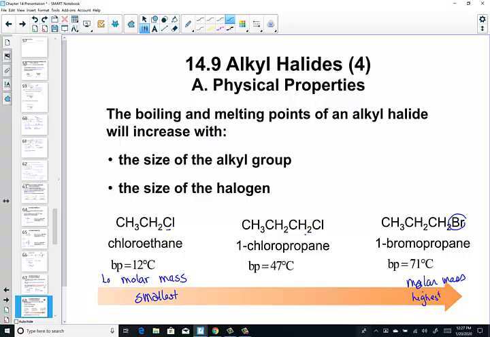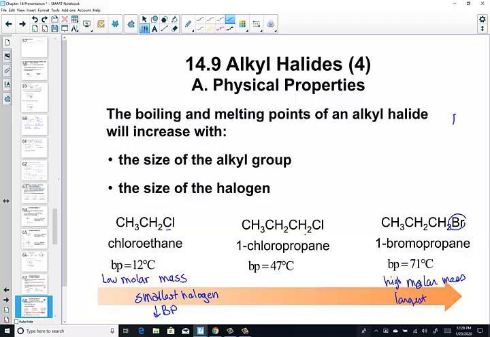So let's put low molar mass, smallest or lowest boiling point. Whereas here we have a very high molar mass. Just think about it maybe by saying the largest, bromine is larger than chlorine.